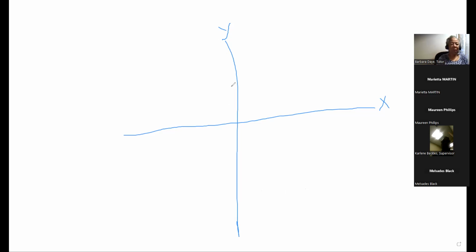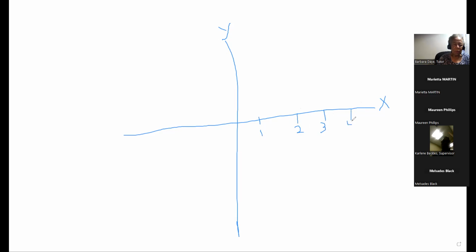Okay. So to make sure you understand the basics of a coordinate grid: vertical on the Y, horizontal on the X. Is that much clear? Yeah. All right. Now, let me put a 1 here, and I'll put a 2 here. We're all going to deal with the positive numbers here. 3, and 4.